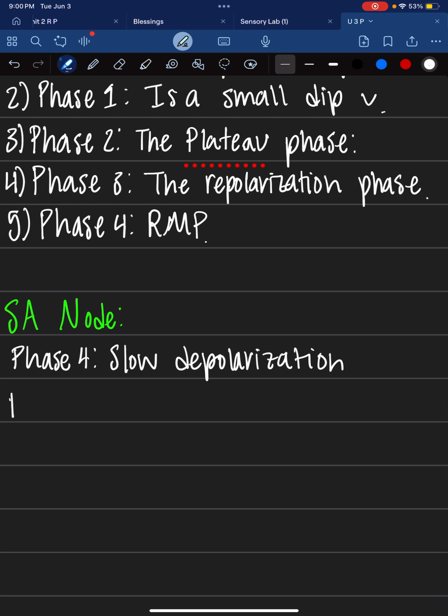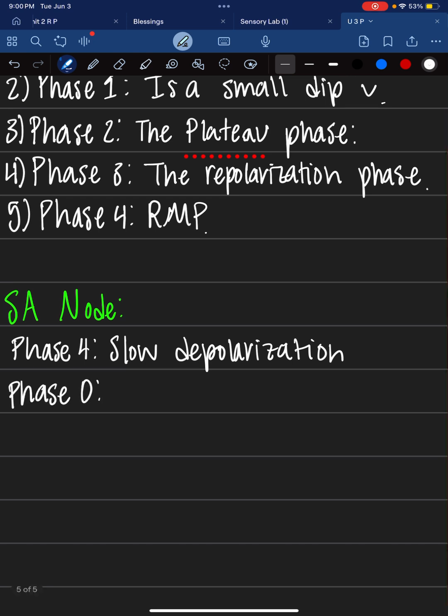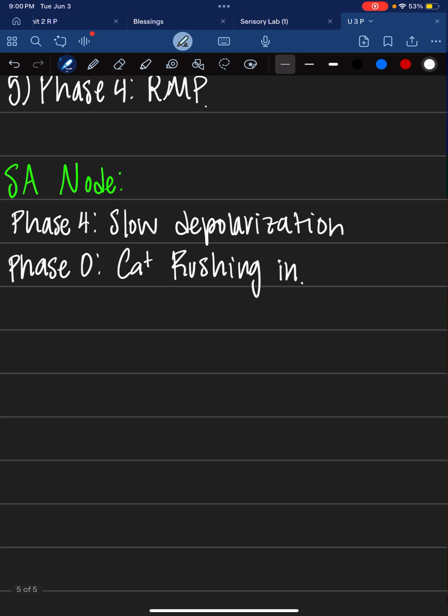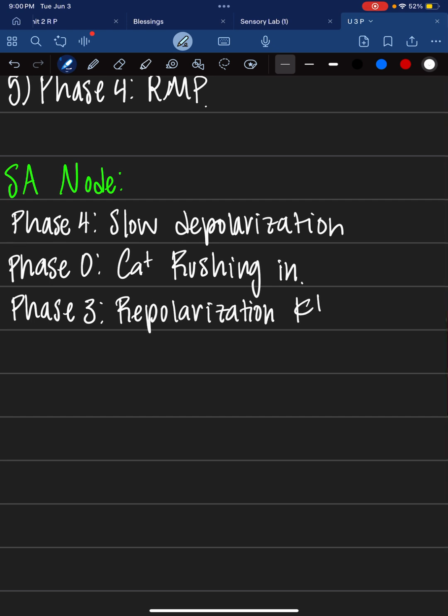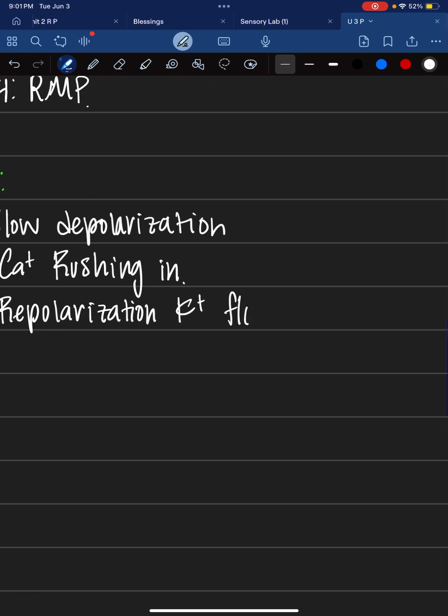And then we have phase 0, and this is caused by calcium rushing in. And then phase 3, repolarization, potassium flows out of the cell.